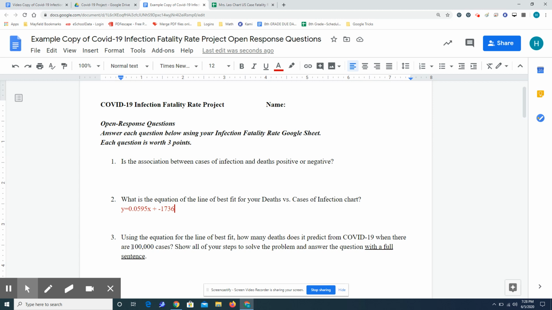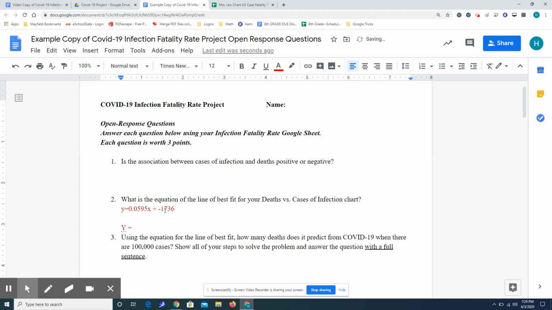Using the equation for the line of best fit, how many deaths does it predict from COVID-19 when there are 100,000 cases? Show all of your steps to solve the problem and answer the question with a full sentence at the end. So if I'm looking at cases, I have two variables up here, the y and the x, and we need to know what those are.